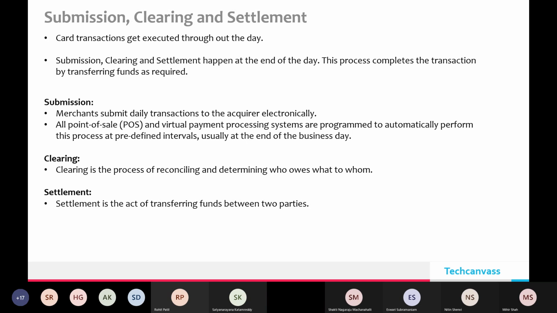Through the card networks the payment happens: the issuing bank makes the payment to the card network, and then the card network makes the payment to the acquiring bank. All this happens, in India, through the NPCI switch, the National Payments Corporation of India switch. The same switch we use for NEFT or RTGS transactions is also being used for the card networks.